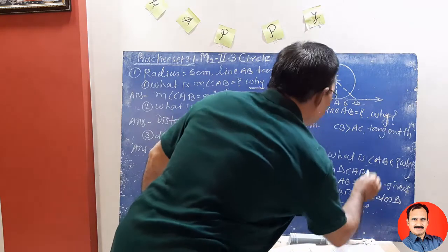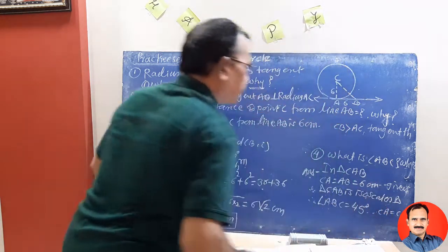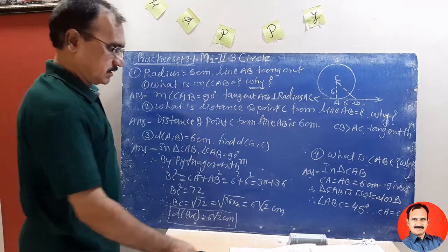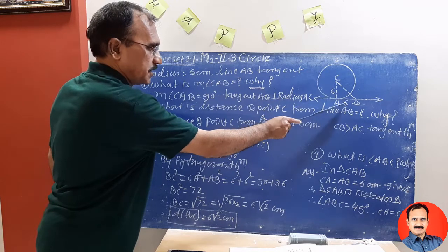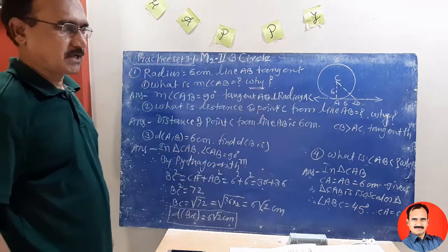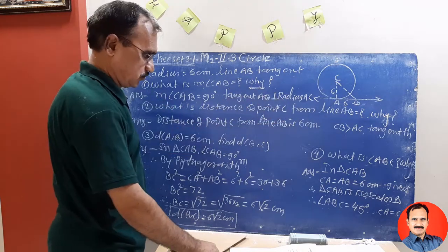Reason, CA is equal to AB. This is the required answer. Angle ABC is 45 because two sides are equal. Therefore, this triangle is an isosceles triangle, and therefore this angle is also 45 and this angle is also 45.